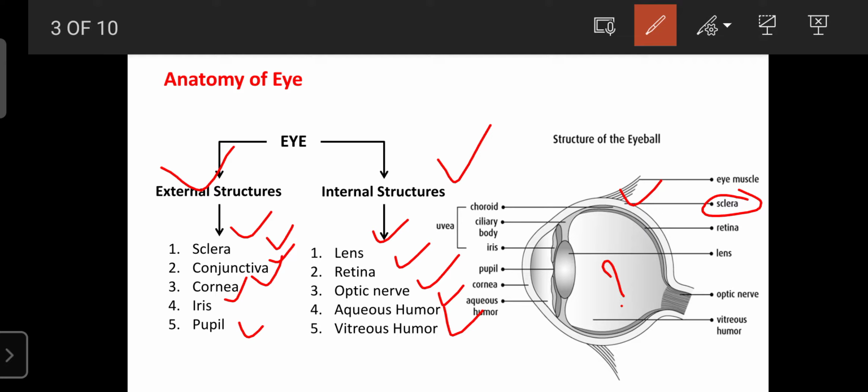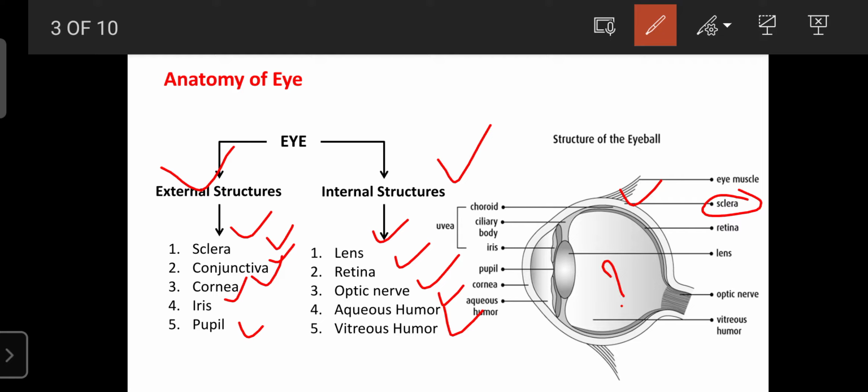If any dust enters, then this secretion increases, which helps to remove those foreign substances or dust particles that enter the eye. That is one of the roles of the conjunctiva.